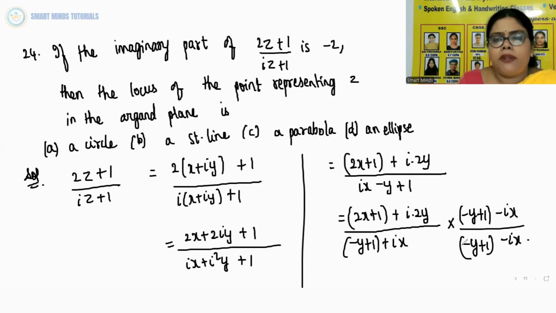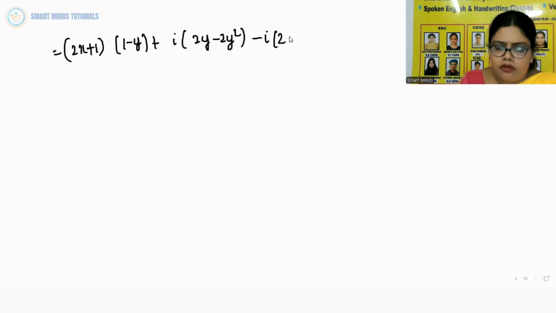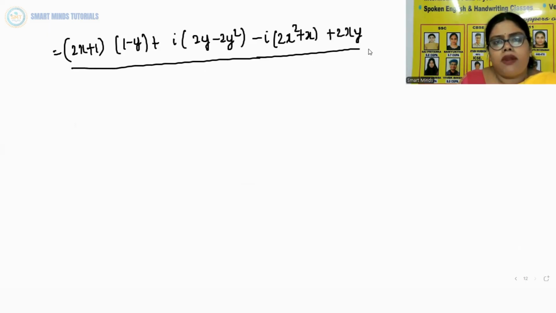Now we need to multiply numerator and denominator separately. So if you multiply numerator and denominator separately, you will get (2x plus 1) into (1 minus y) plus i into (2y minus 2y square) minus i into (2x square plus x plus 2xy), divided by (1 minus y) whole square plus x square.